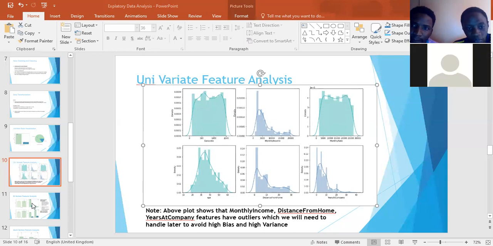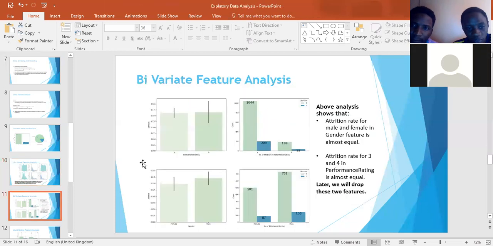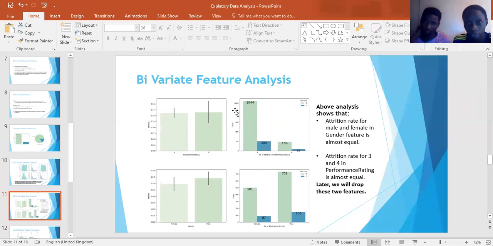Good evening, everyone. My name is Christopher, and I'll be taking you through bivariate feature analysis. We did bivariate feature analysis comparing two features against attrition, which is our dependent variable.